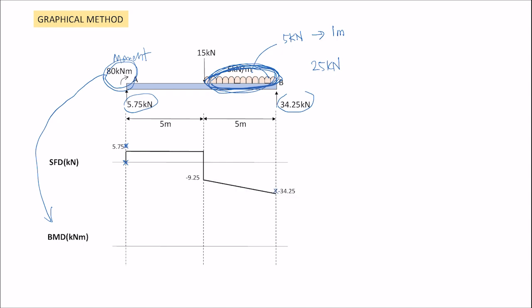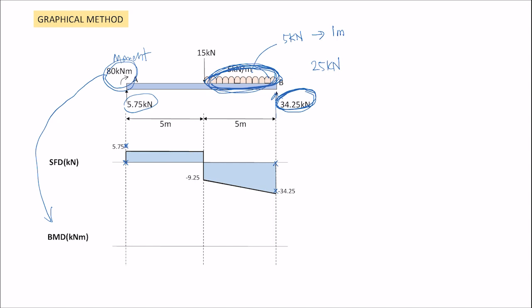So we draw the line and you find RBY here is 34.25, meaning it goes upward. So you add negative 34.25 plus 34.25, then you get back to 0, meaning the equilibrium.